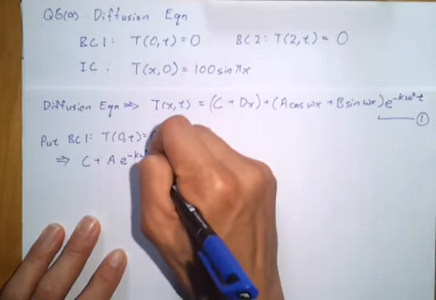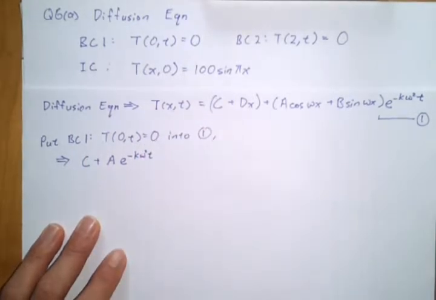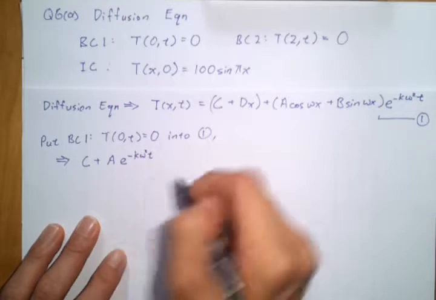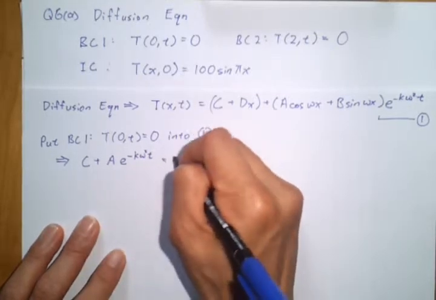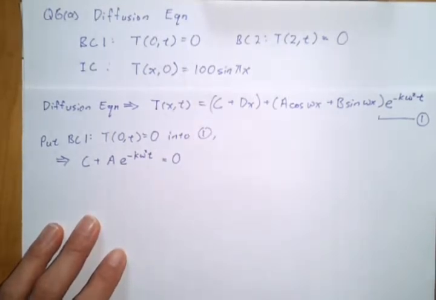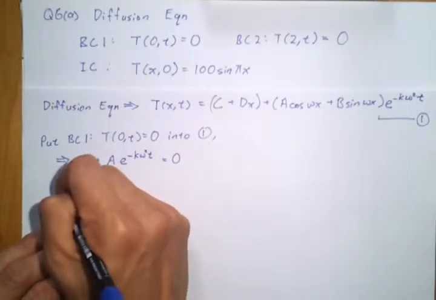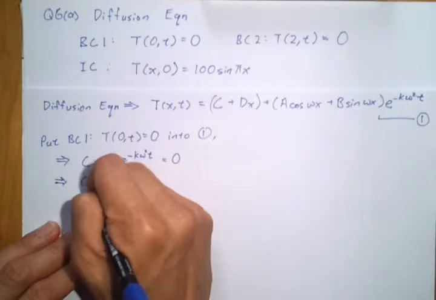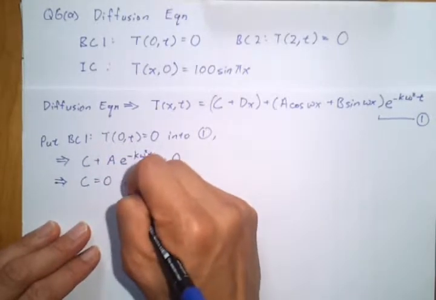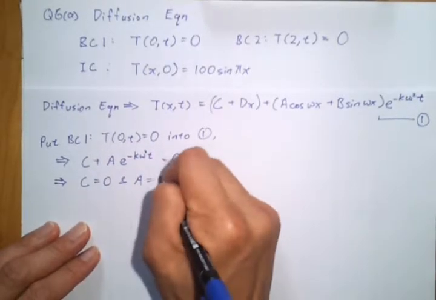I've cut back some steps because I think you should be familiar with it by now. So this must be equal to 0, and from this you can tell that C must be 0 and A must be 0.